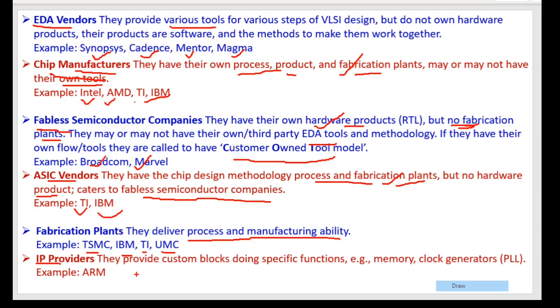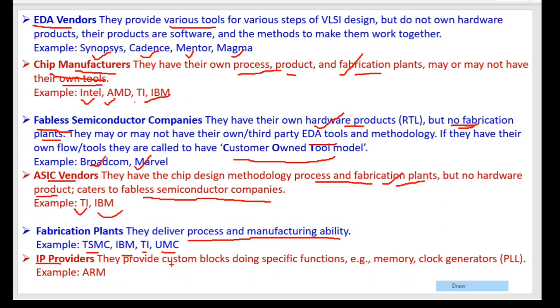And no one else can use that particular design without your consent. Okay, so in that case you will be called the owner of that particular IP, and that product will be called an IP, intellectual property.